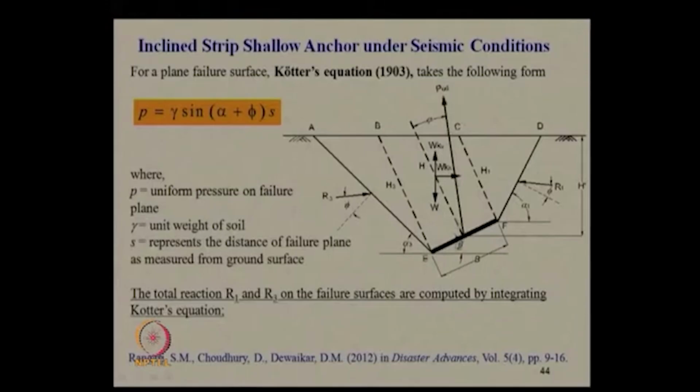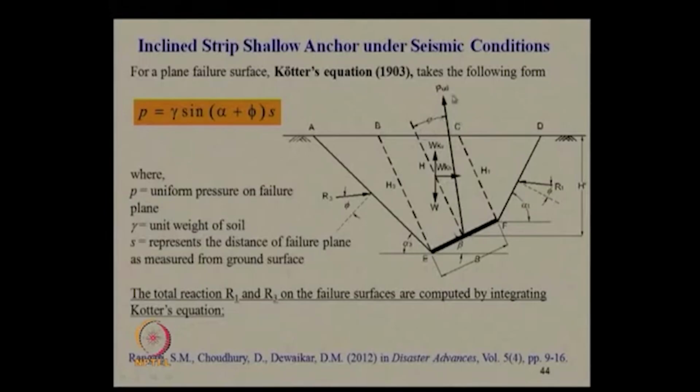Now, remember this inclined anchor is again loaded obliquely. The load is not perpendicular to the plane of the anchor plate. Can you see that? This psi is the angle of inclination of the load applied.